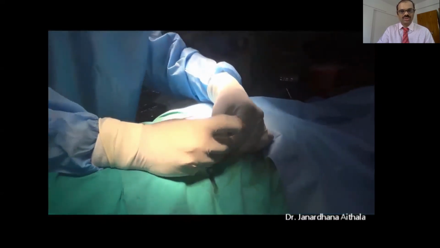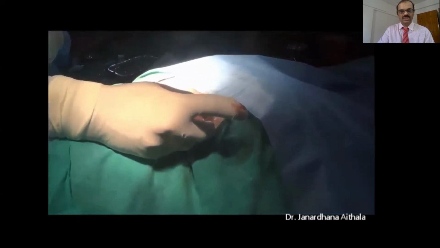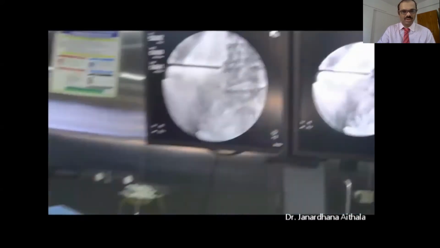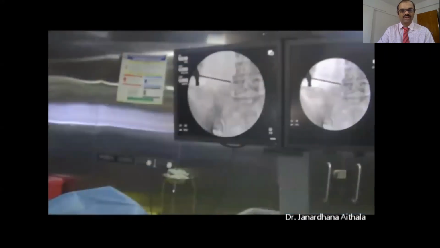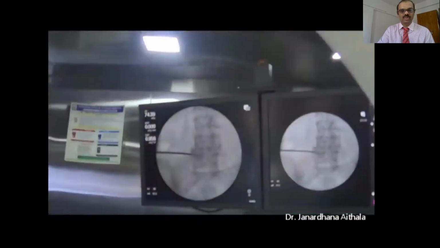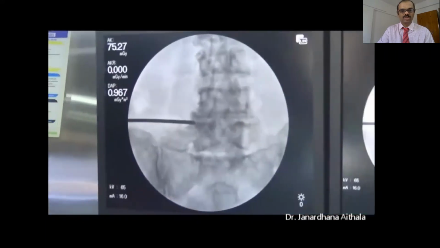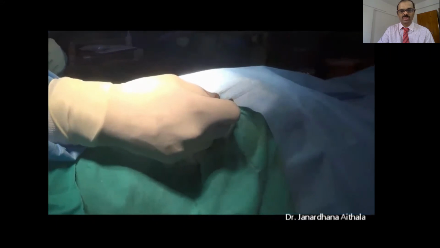So the needle is introduced at an angle now to hit the junction between the pedicle and the body. You can see that this is a little bit superior, so I will try to angle it a little bit more.